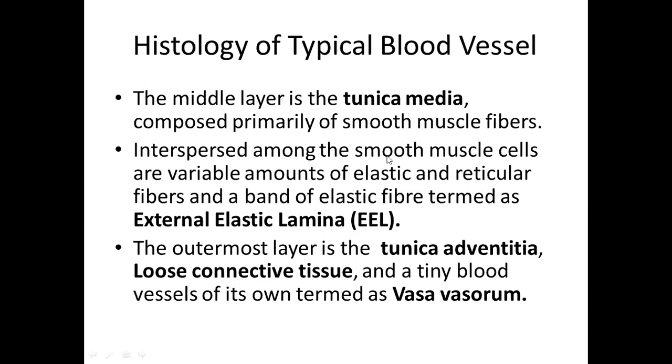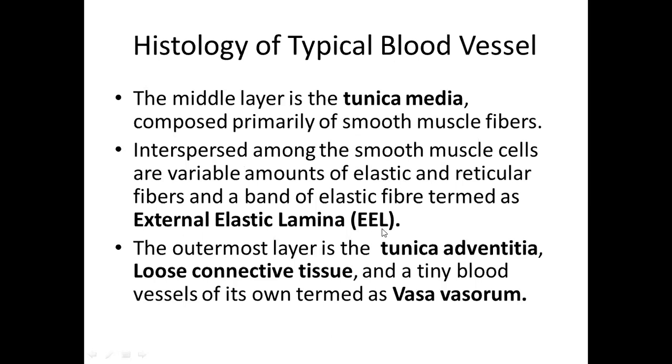So, in different blood vessels, there will be a variation in the amount of smooth muscle versus the amount of elastic fibers. Somewhere you will find more elastic fibers, somewhere you will find more smooth muscle fibers. We will discuss this in the next practical. But again, at the tunica media border, where it is attached to the next layer, there you will find a band of elastic fibers, which is labeled as external elastic lamina.